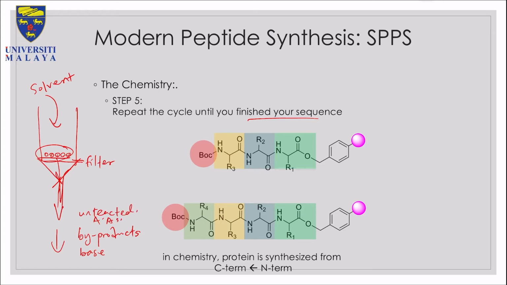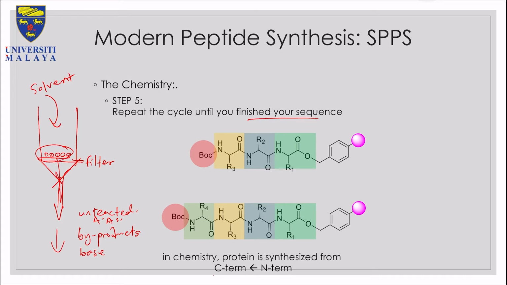Okay, so you can pretty much clear out, remove everything, and get a clean solid support, and thus you can just repeat the cycle, add in more amino acid, do the step again, rinse it, washing it, and you can grow the peptide very, very easily.